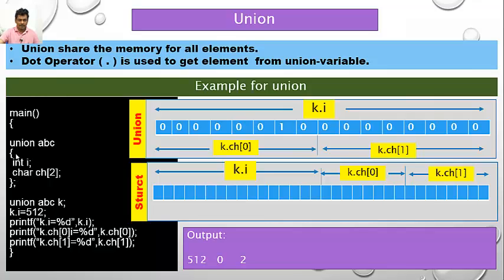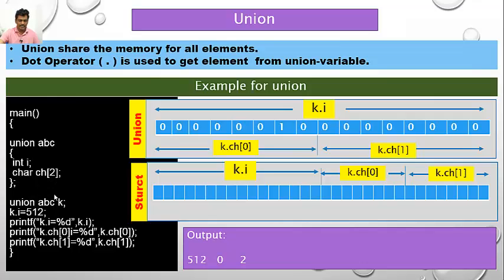For example, if we add a third element, float f, assume that integer i is one element, ch of 2 is another element, and the third element is float f.